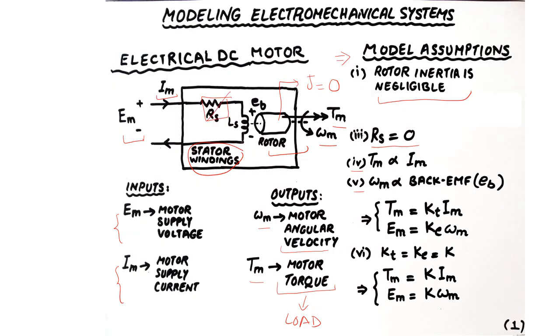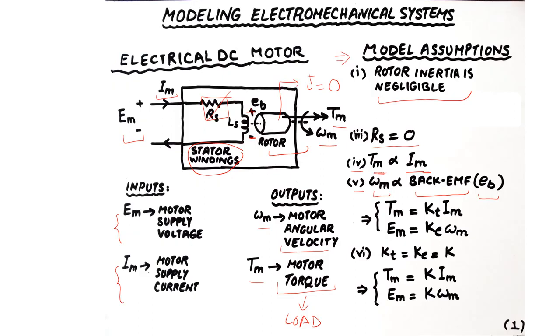Moreover, we shall assume a linear relationship between the torque that is generated inside the motor and applied to the rotor, that is Tm, and the supply current Im. Likewise, the rotor speed, which is essentially the same as the motor speed, is directly proportional to the back EMF voltage EB, which is the voltage generated across the terminals of the inductance of the stator windings.